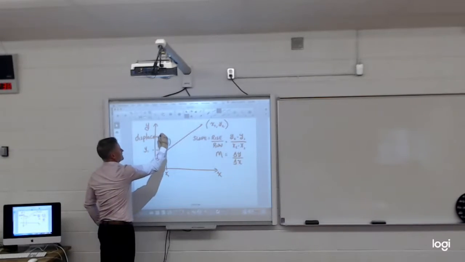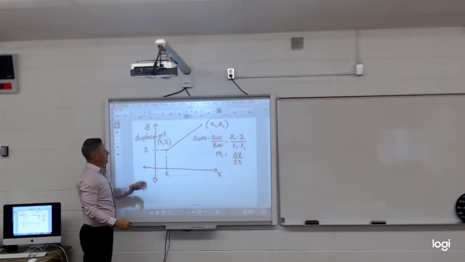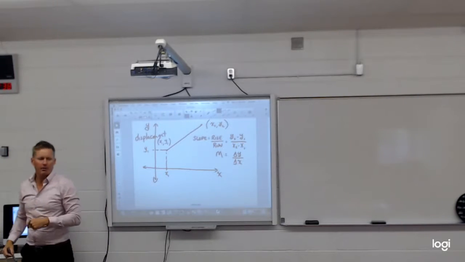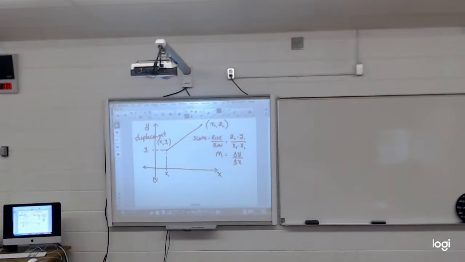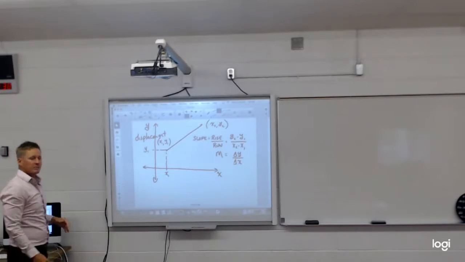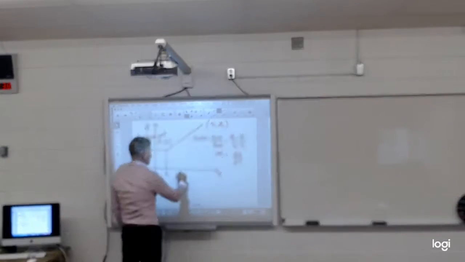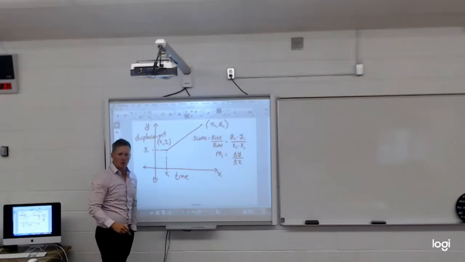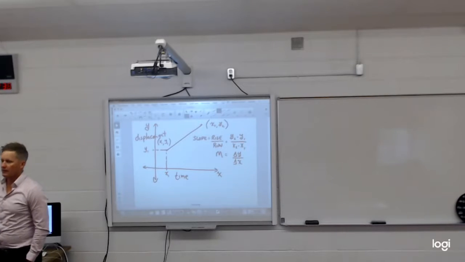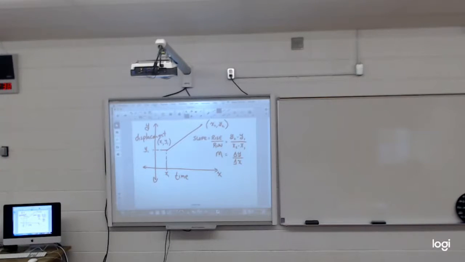Remember, I can label this axis anything I want. This axis is the dependent variable. And the bottom one is always my independent variable, the one that I don't really control all that well, where it just keeps going. But in this case, it's the one I alter. It's my time. So I have displacement on the y-axis and time along the bottom axis.